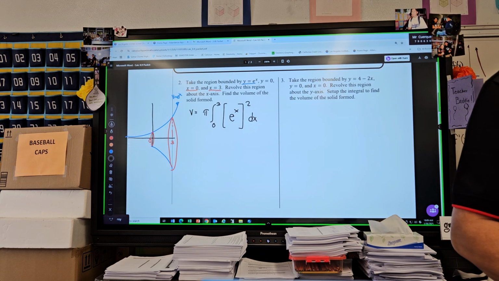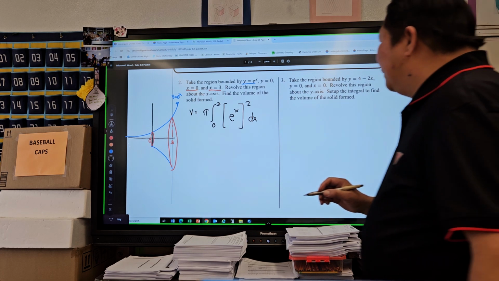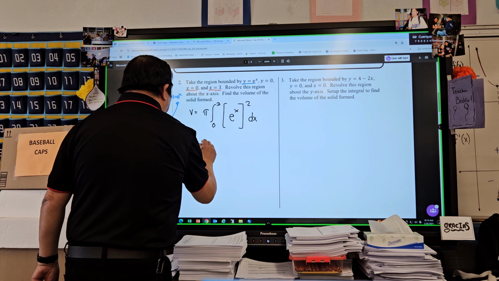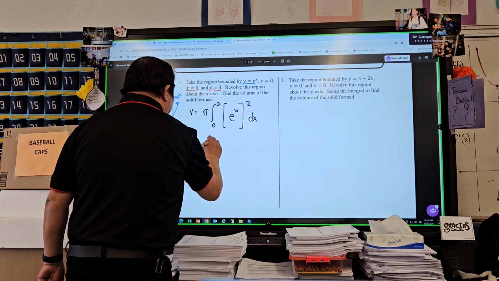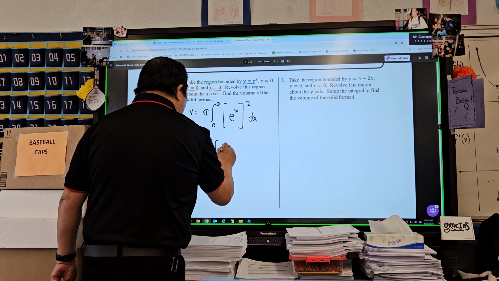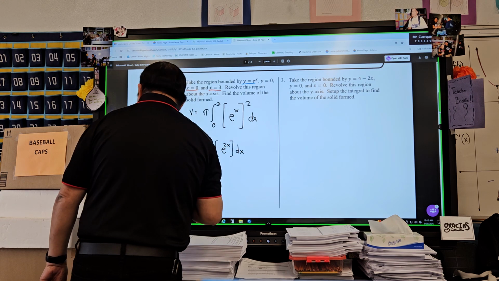Are we adding or multiplying? We multiply. So it's 2x. We're going to rewrite into pi, the integral from 0 to 3, and then this is now e to the power of 2x dx. Any questions?